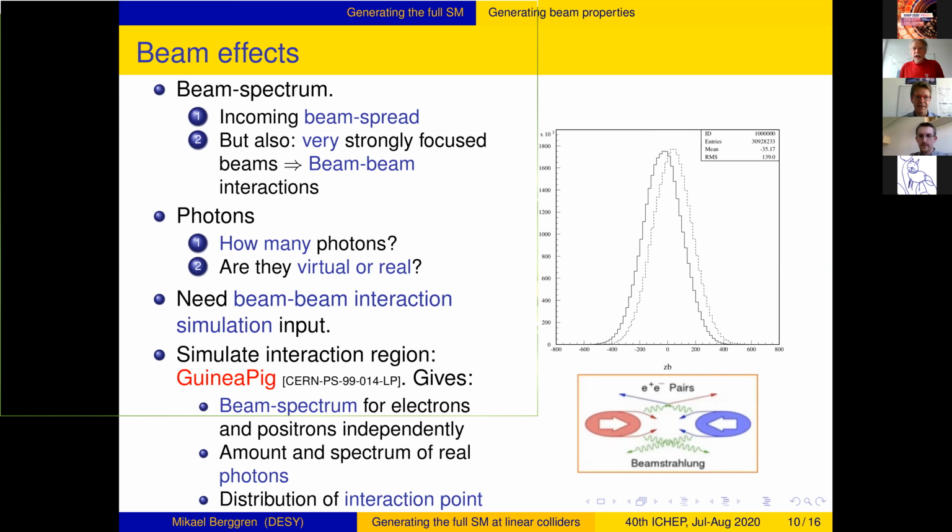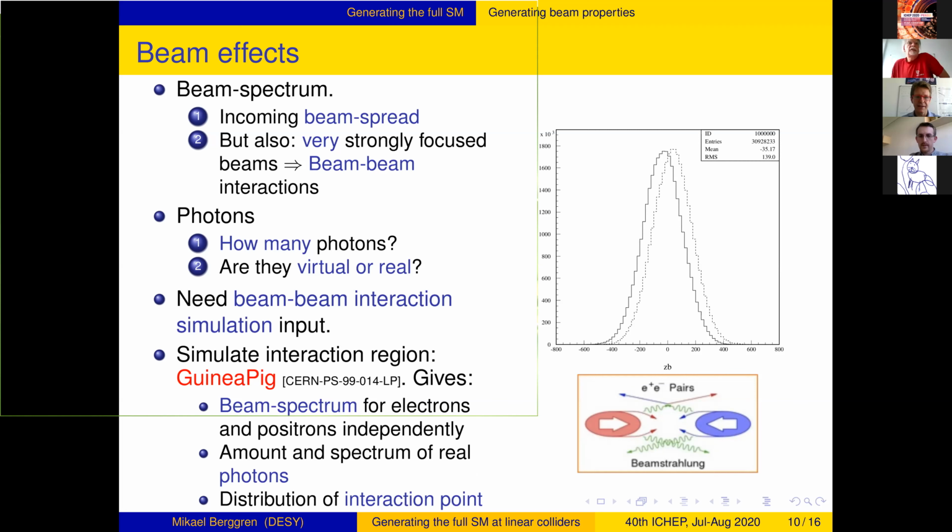And in this plot, you see two slightly shifted peaks, and this is the beam spot for electron-gamma and positron-gamma, and you see that the actual average beam spot is slightly different in the two cases. This also Guinea-Pig can show us.